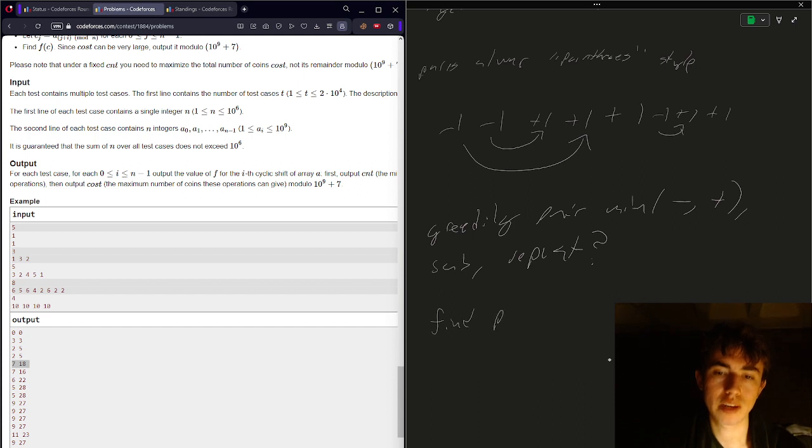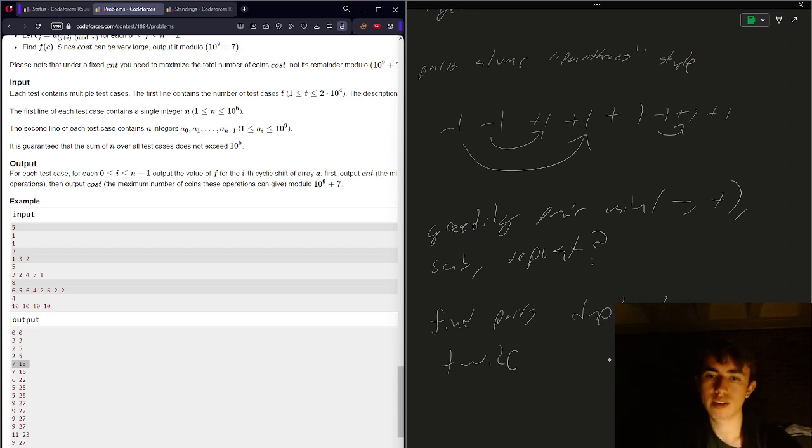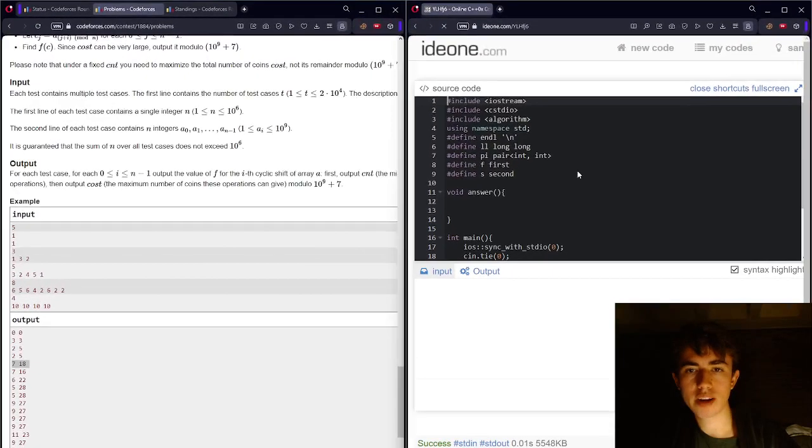Find pairs, duplicating the array twice, right? That sounds good. Sure. And I mean, you can just see by that the complexity is good. Okay, yeah, let's implement it. It'll be more clear when we implement it.